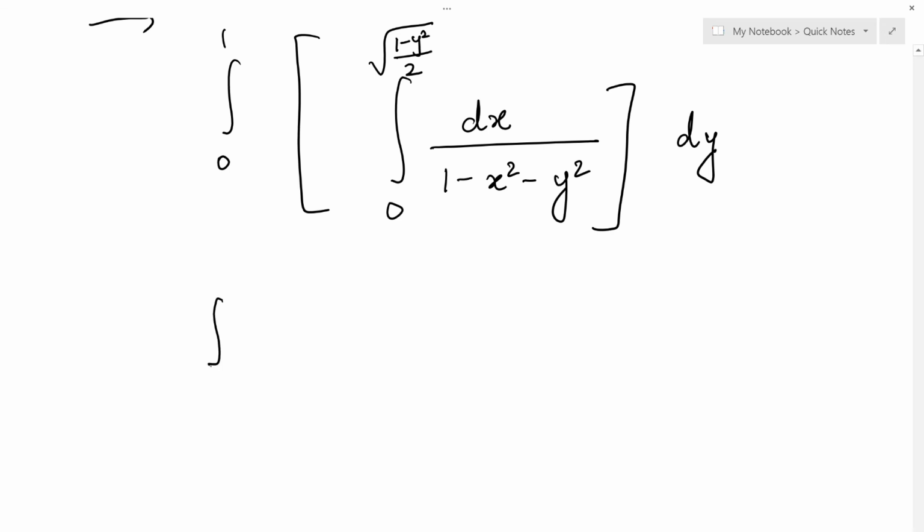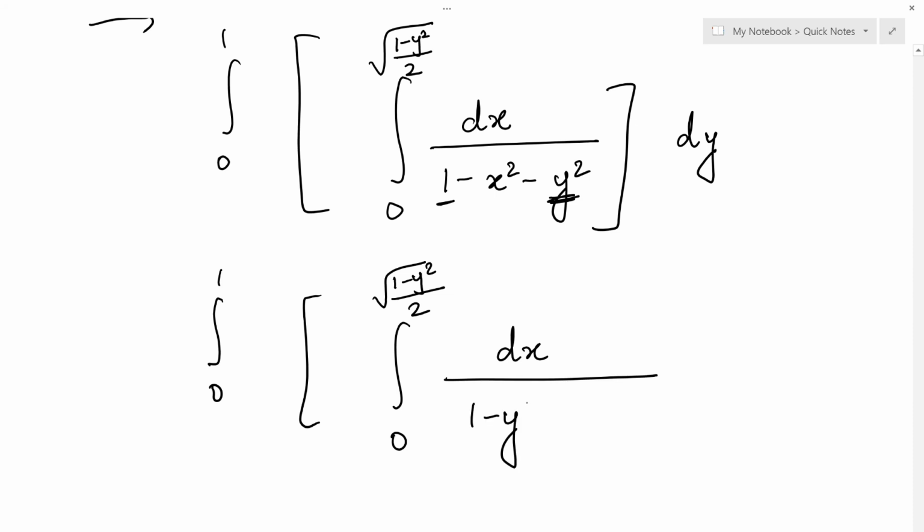Look at the integration limits: they have 1 minus y square together. So you can write this 1 minus y square together in one bracket in the denominator. That won't make a change anyway. So this will be 0 to under root of 1 minus y square by 2, and under root of 1 minus y square in one bracket minus x square.